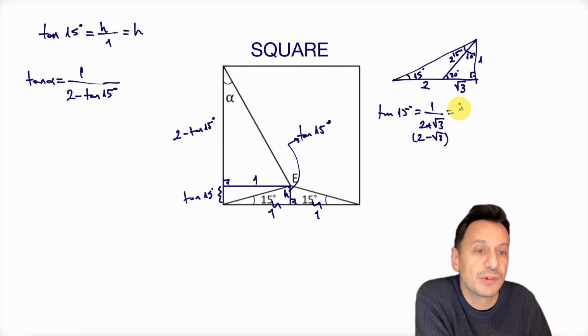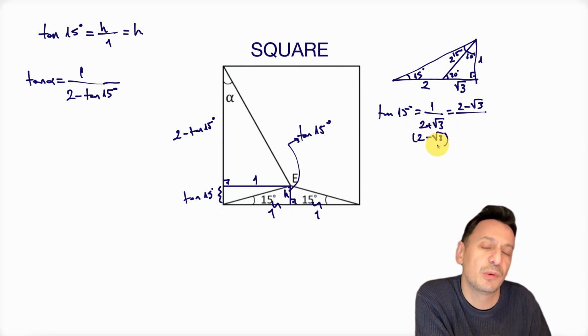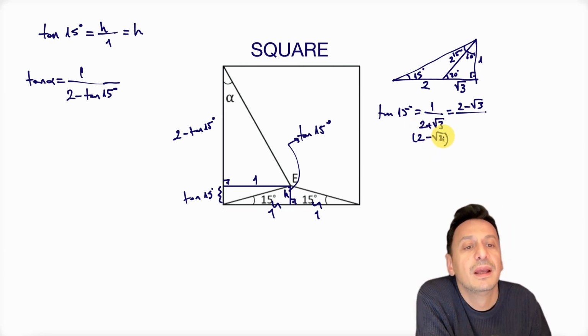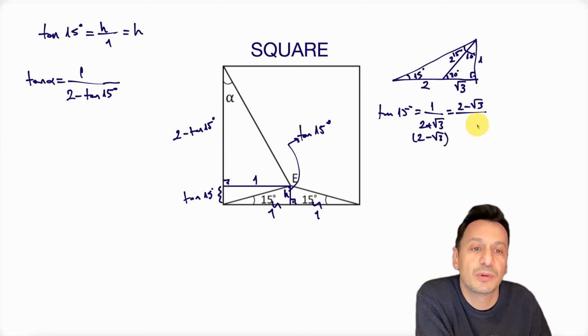Let's multiply the numerator first, 2 minus root 3. Now let's multiply the denominator. Since this is an expression in the form of a plus b times a minus b, it can be written as a squared minus b squared. Therefore, 2 squared is 4. Minus root 3 squared is 3. So look, this part became 1. Therefore, I was able to quickly calculate tangent 15.